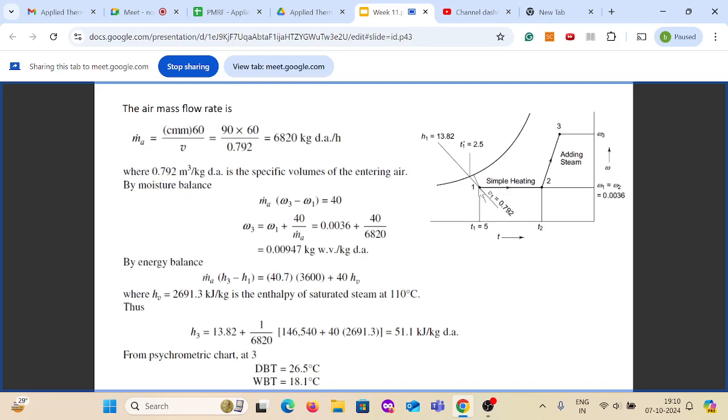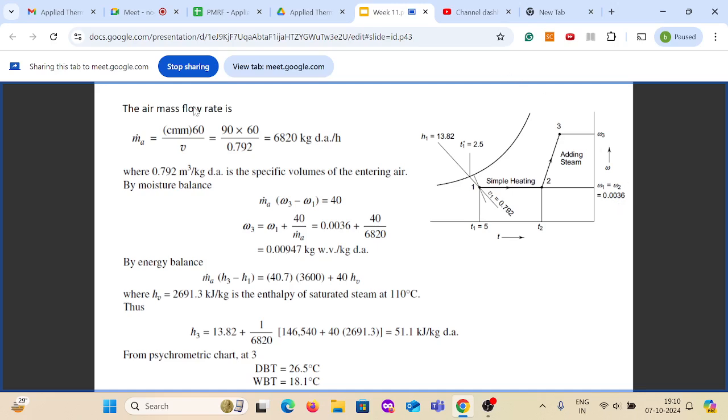So the enthalpy at state 1 is 13.82, the specific volume is 0.792, and the specific humidity corresponding to this is 0.0036. With this, first we'll find out the mass of air.